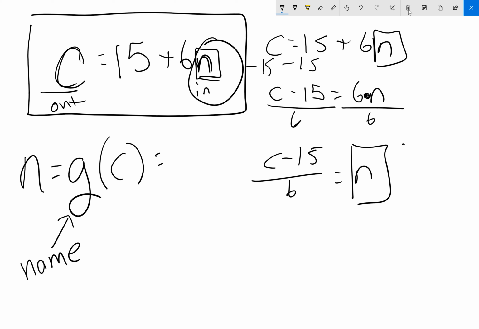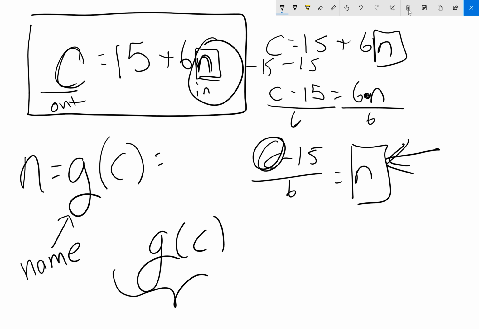Whoa, you guys, we got our n, we got our output in terms of c. That's crazy. So g of c, which represents n, it determines n, equals c minus 15 over 6.